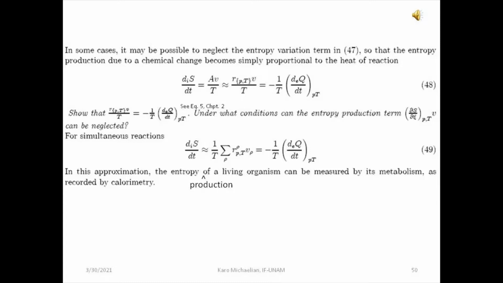So I would like you to consider under what conditions the entropy variation term can be neglected. And I'll just give you a hint. For example, when humans reach the age of about 30, their physical appearance doesn't change.